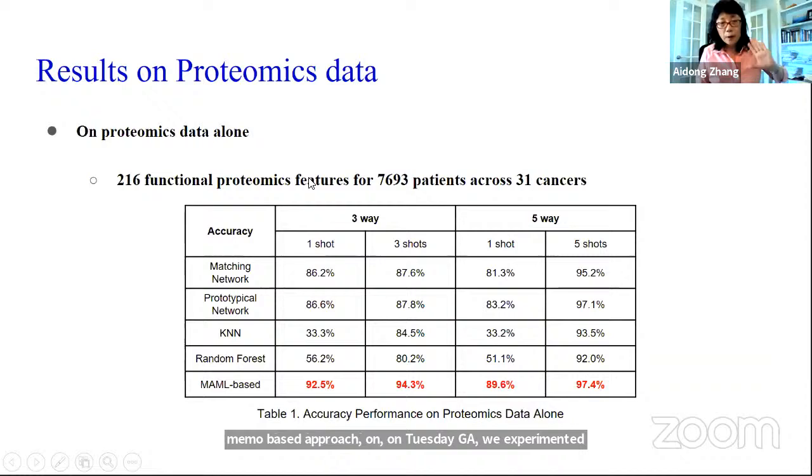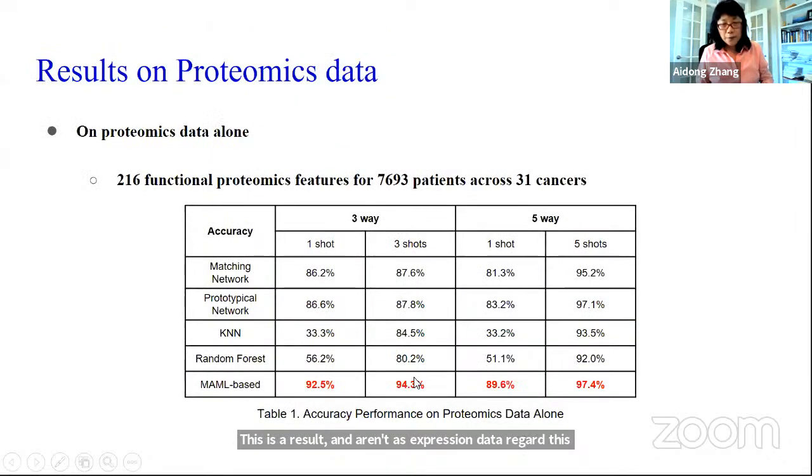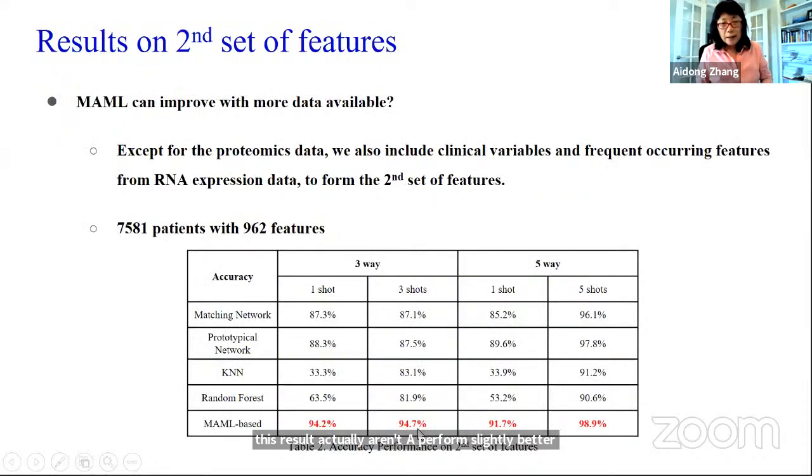There are a lot of different features. Proteomic features alone, this is the result. And RNA expression data, we got this result. Actually, RNA performs slightly better than proteomics here.